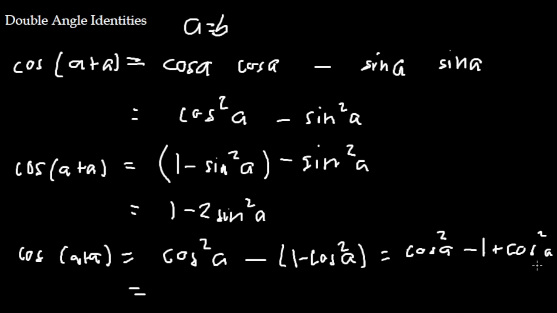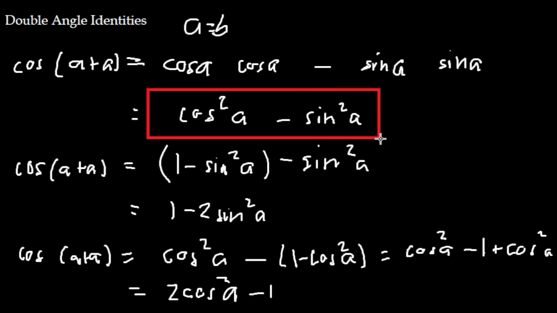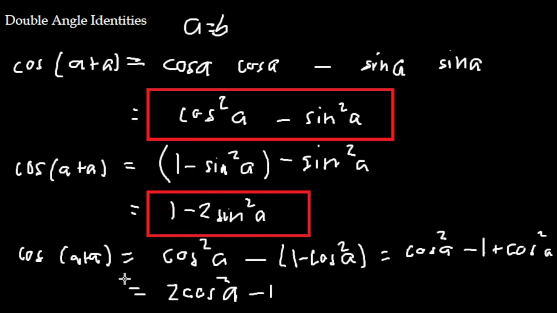Since dalawa ang cosine squared, we can now write it as 2 cosine squared of A minus 1. Now, ito yung ating tatlong variations ng double angle identity for cosine.